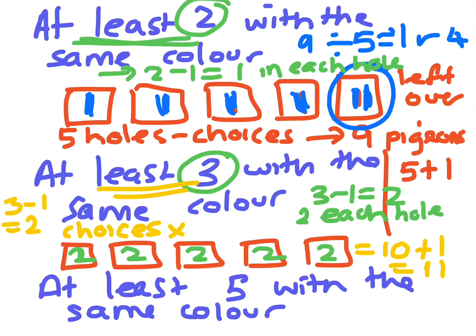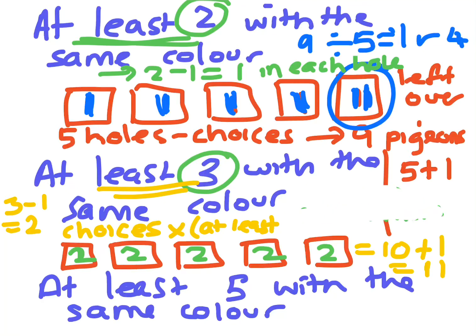It is your choices times 1 less than the at least. So you do the at least and you do 1 less than that, and then what you need to do is add 1 more, because 1 more would be your extra pigeon.